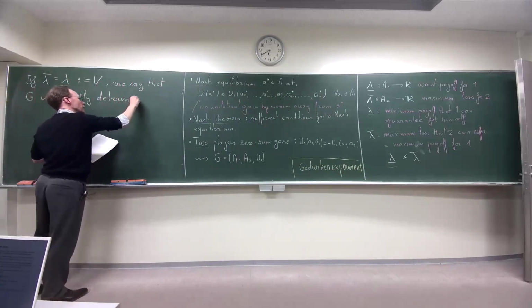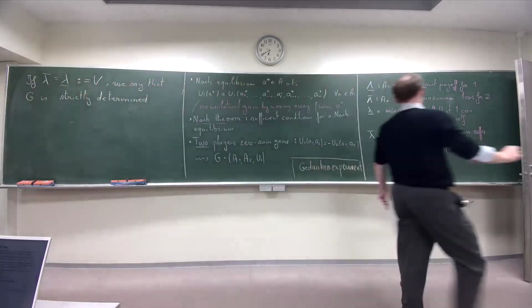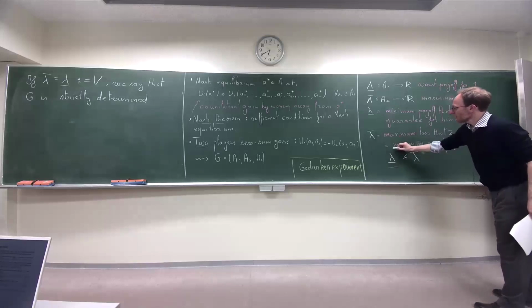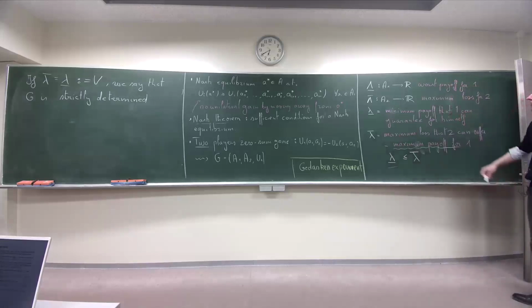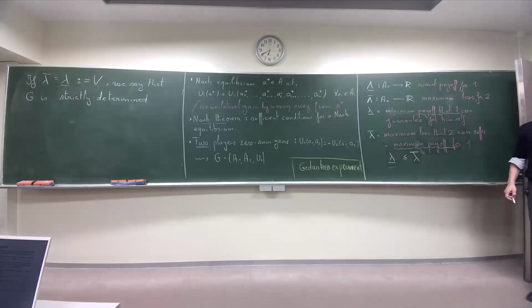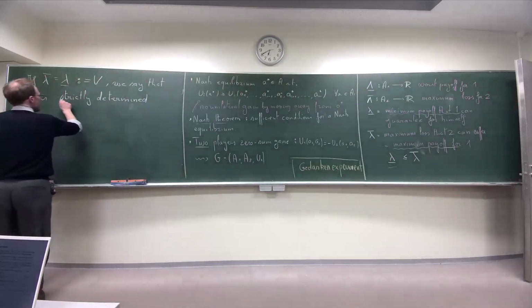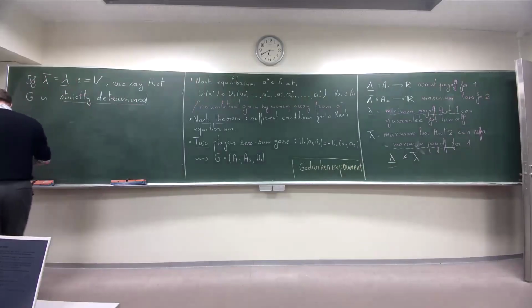And in fact, this is the easiest situation, because look at these two sentences. One is a maximum payoff for 1. The other one is a minimum payoff for 1. So when these two numbers are equal, if both players play correctly, the first player will exactly get this value. So it's determined.